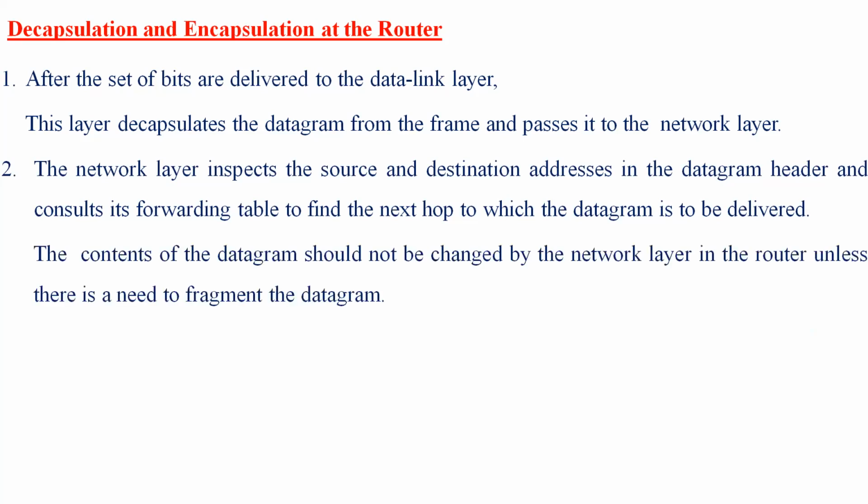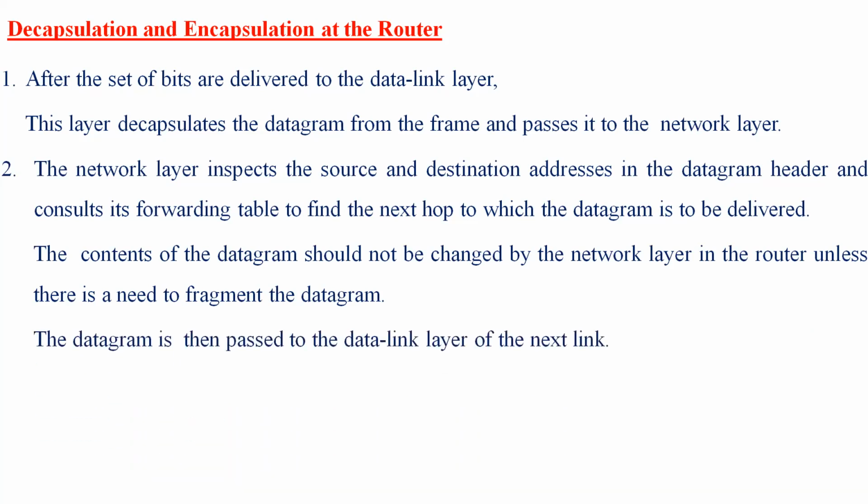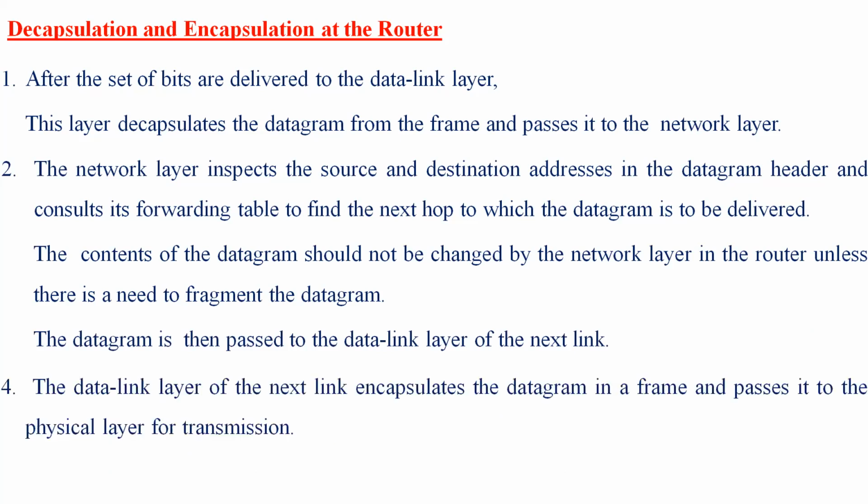It shouldn't change anything in the content of the datagram at the network layer in the router, since it needs only the fragmenting of a datagram. The datagram is then passed to the data link layer of the next link. Then it encapsulates the datagram in the frame and passes it to the physical layer for transmission.